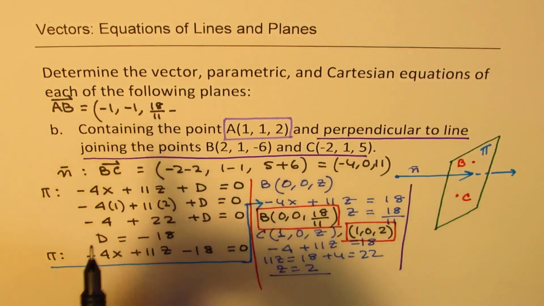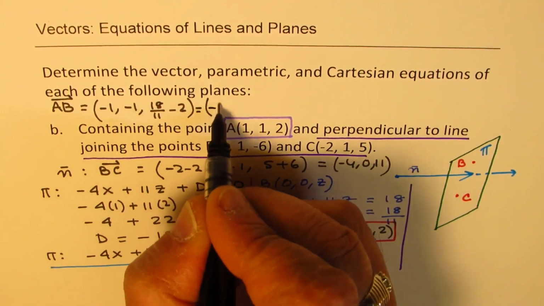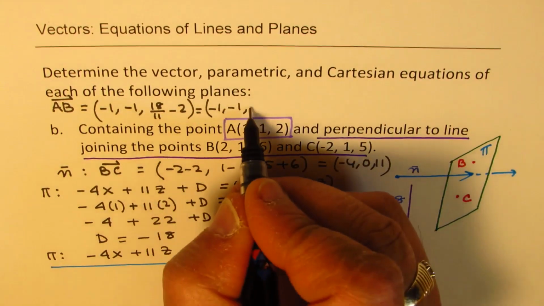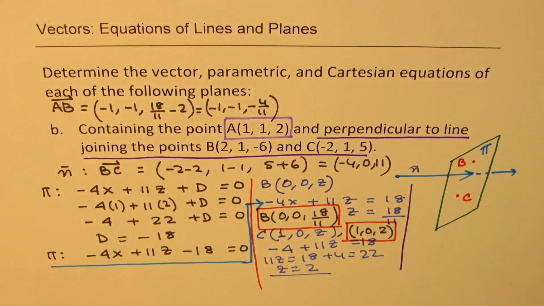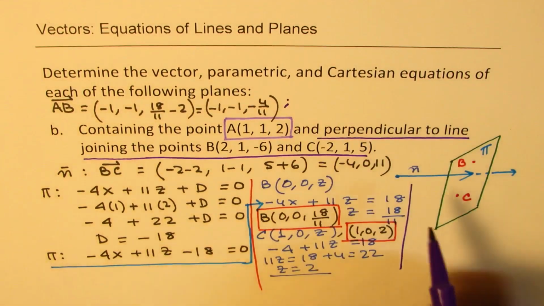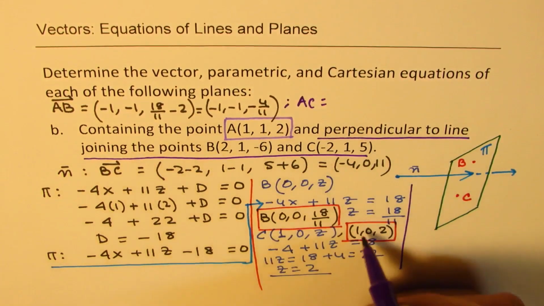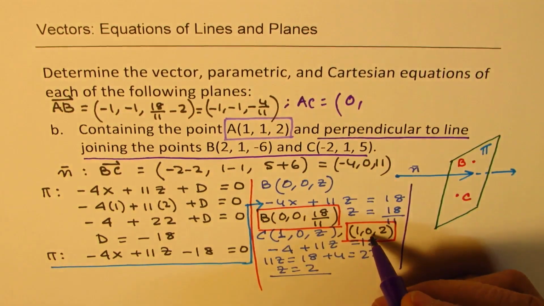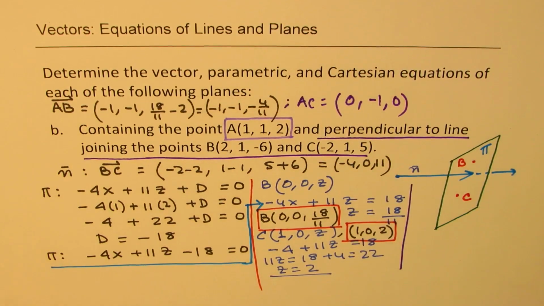Since this is the denominator, let's write 2 as 22 over 11. So it is the same as minus 1, minus 1, and that is minus 4 by 11. So that becomes one direction. The other direction, let's say A to C: 1 minus 1 is 0, 0 minus 1 is minus 1, and 2 minus 2 is 0. So we get that direction, A to C.